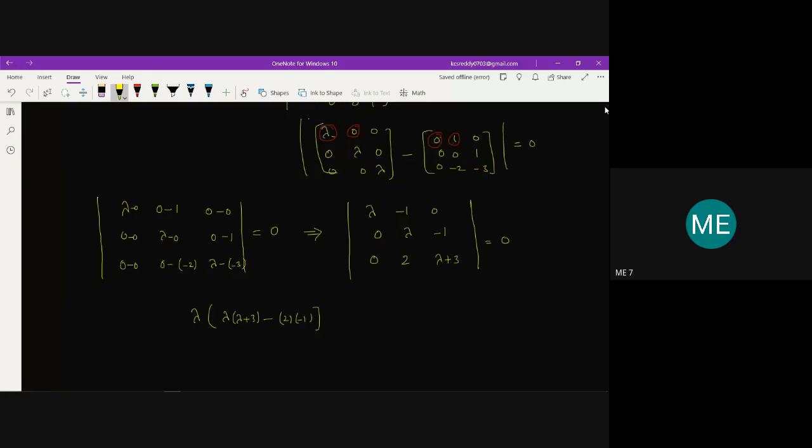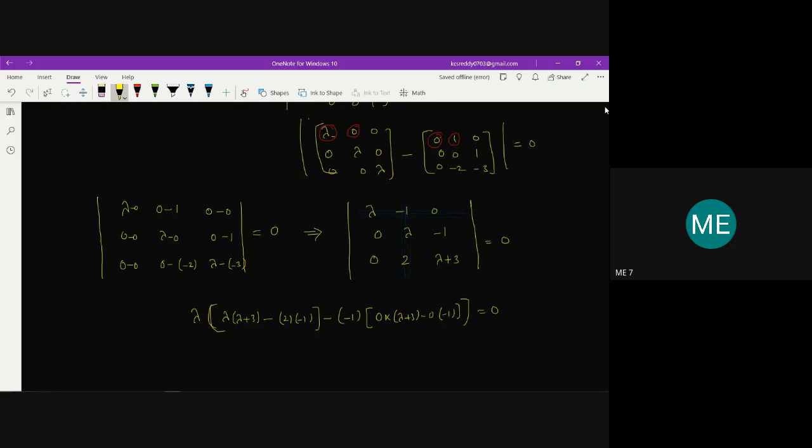This is for the first element, and for the second element, minus of minus 1 means I need to take this and this, cancelling out the row and column. Then 0 into lambda plus 3 minus 0 into minus 1, which is equal to 0.